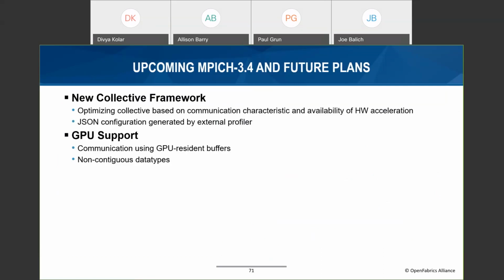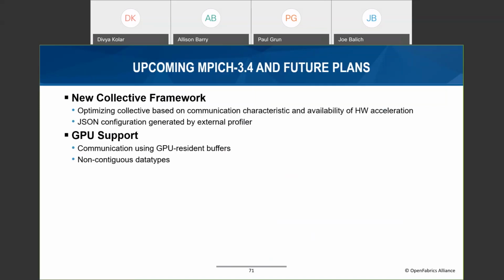What we're trying to do here is provide different implementations of collective algorithms that are optimized for different use cases, like the communicator size or the network topology, or to support hardware acceleration. And we have a way for the user to choose the best algorithm at the moment based on the communication parameters given to MPICH.